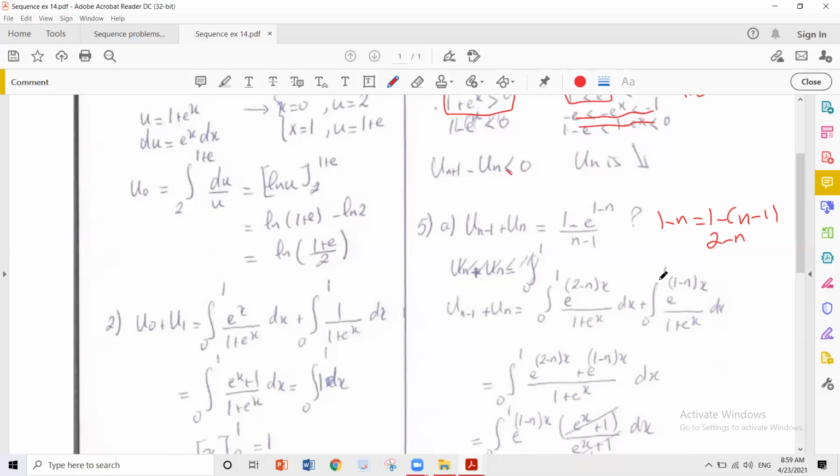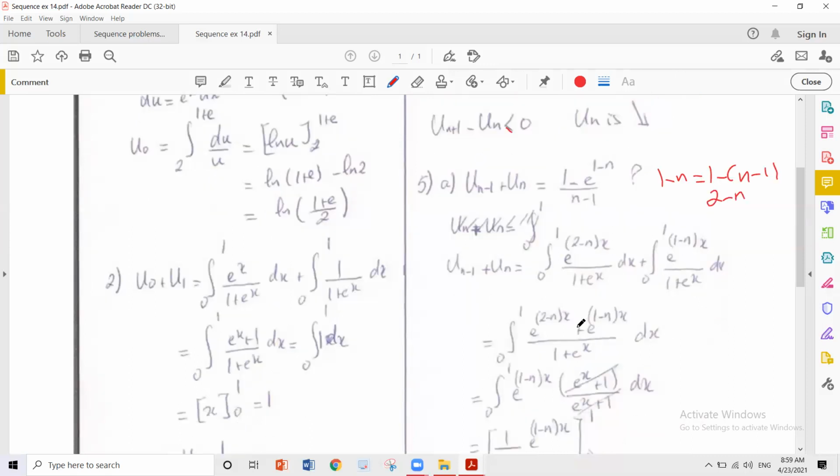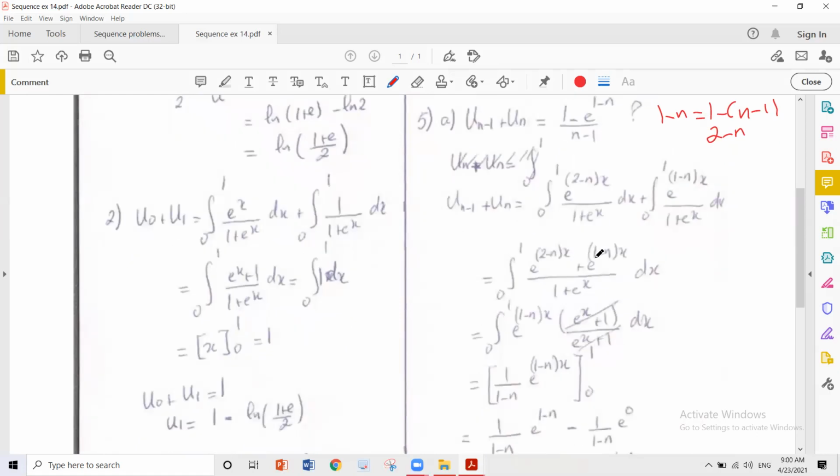We put them under the same integral: e to the 2 minus n x plus e to the 1 minus n x over 1 plus e to the x dx. I take the least power as common. The least power is 1 minus n, which is smaller than 2 minus n.